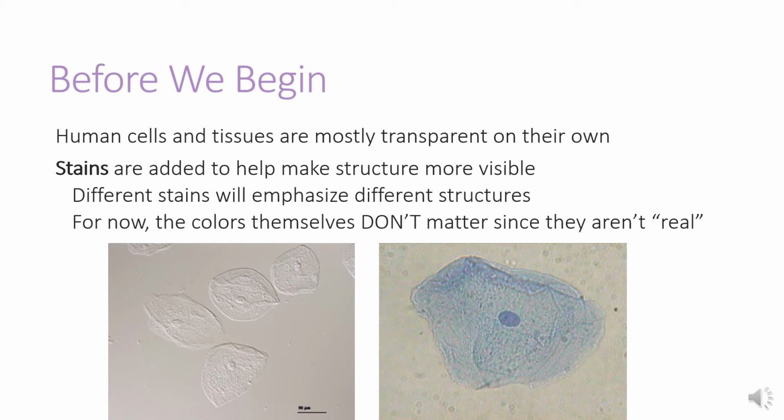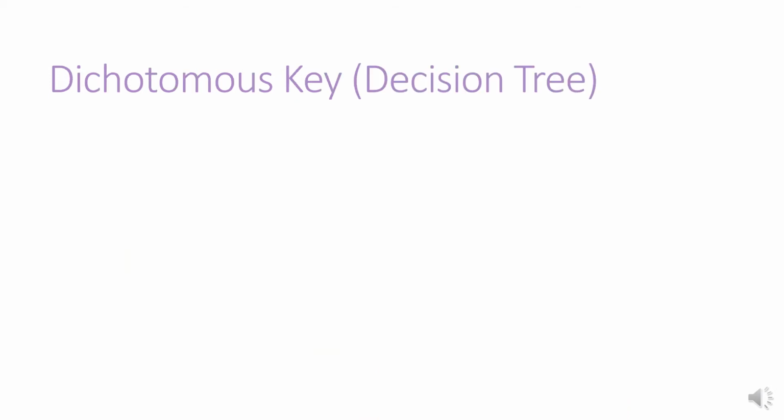The reason we care about that is if you're studying to try to name tissues, it's okay to study with images that are in color because the images on your practical will be in color. But it's also okay to study with pictures that are in black and white. As long as you can see the structures, that's all we really need in order to be able to name cells and tissues.